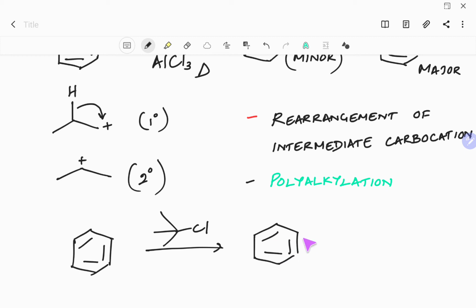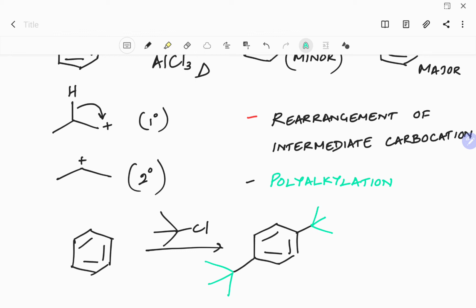But once you have this alkylated benzene, this alkyl group can activate the benzene ring, and this activation will result in polyalkylation. So rather than getting one alkyl group on benzene, you might get two alkyl groups. So this is also a huge problem.